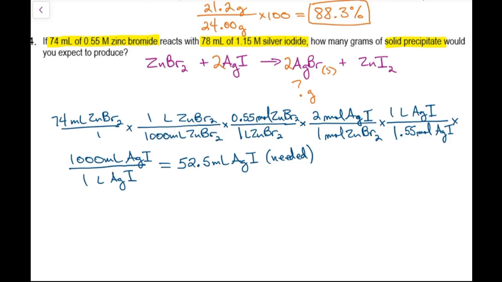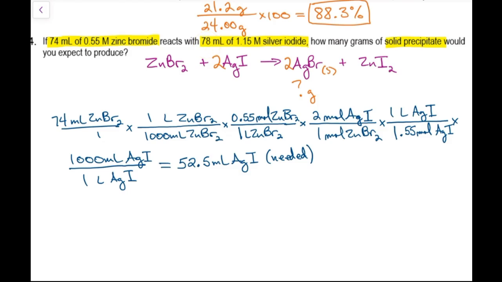Okay, so I got 52.5 milliliters of silver iodide needed, and I went to milliliters of silver iodide because I was given 78 milliliters of silver iodide in the problem. So if I had gone to grams of silver iodide, the number that I get here for my answer wouldn't be something that I could compare to the amount given to me in the problem.